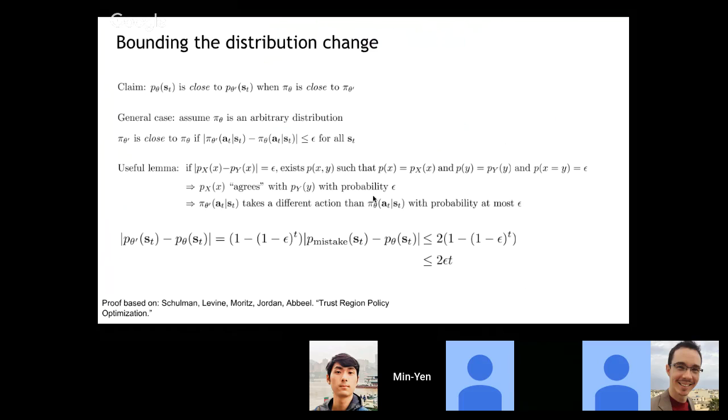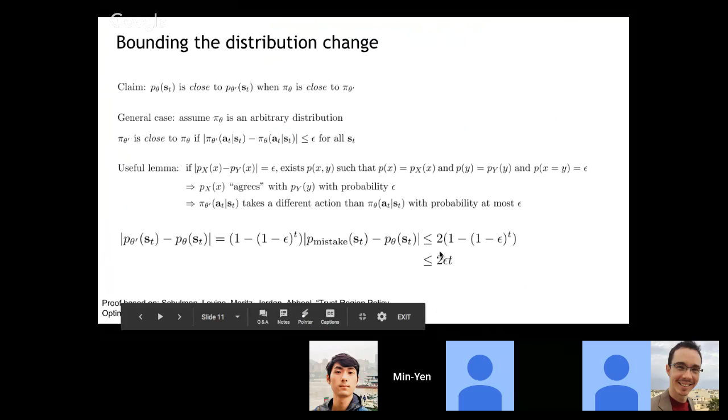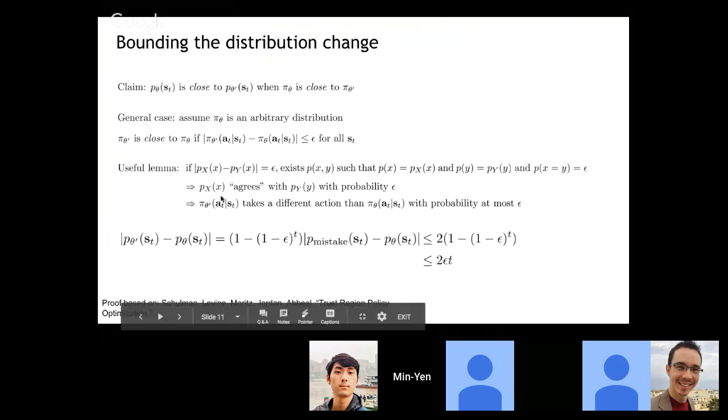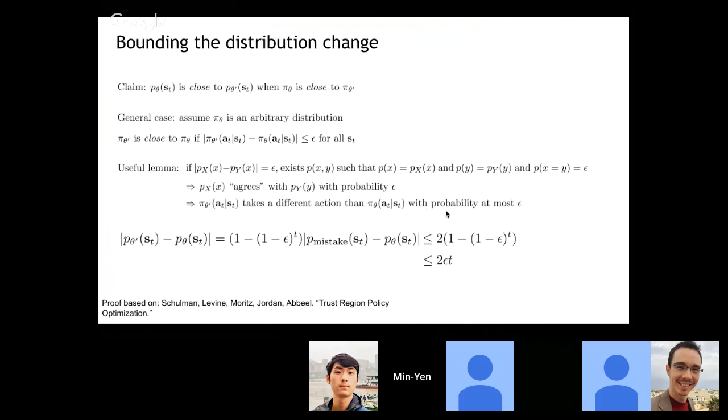And this part here is actually quite similar to the previous one, because in a way it follows from this part where there's the pi theta prime and the difference between them is bounded by epsilon. Okay, this part.